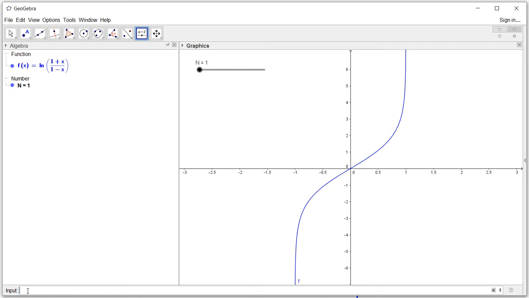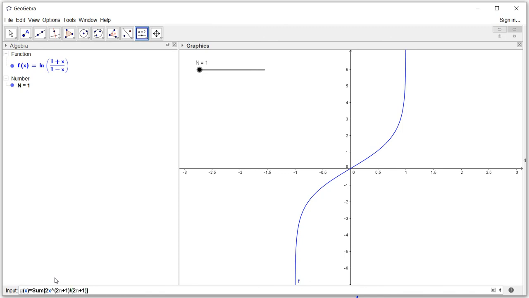So I'm going to define g of x as summation, so sum. The expression is going to be 2 times x to the 2n plus 1 over 2n plus 1.